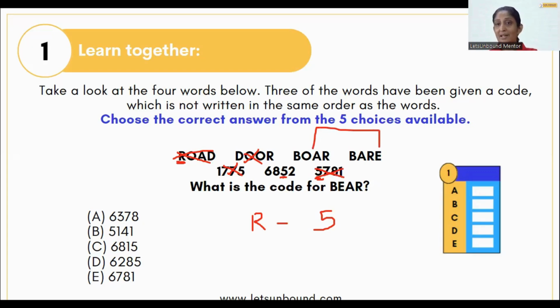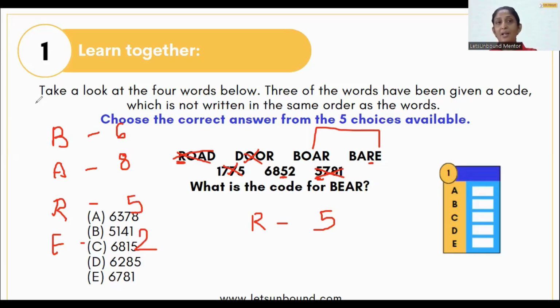So that means here in the 3rd position we have R. So 6852 is standing for BARE, wherein we can get the code for B as 6, A as 8, R as 5, and E as 2.